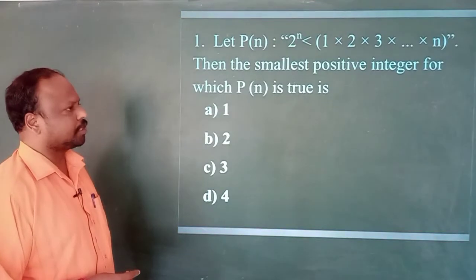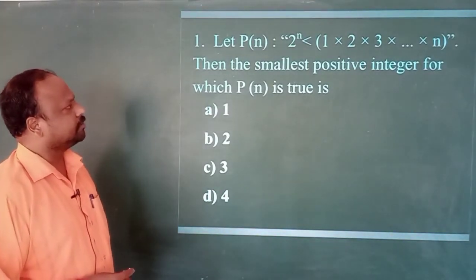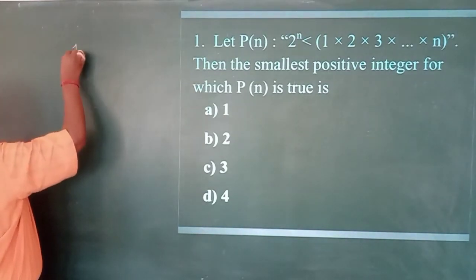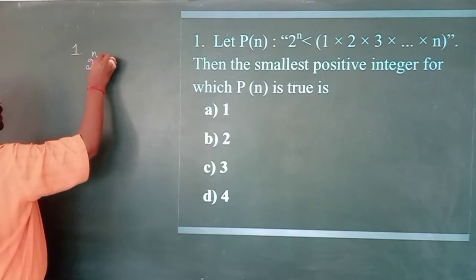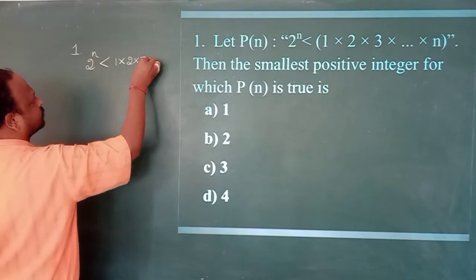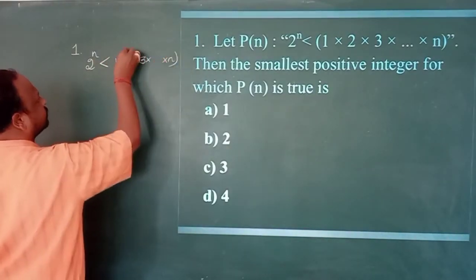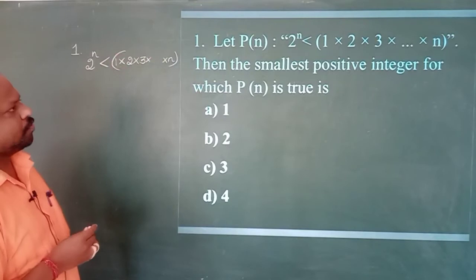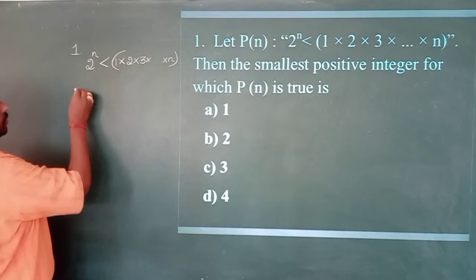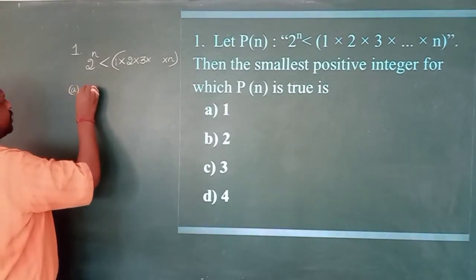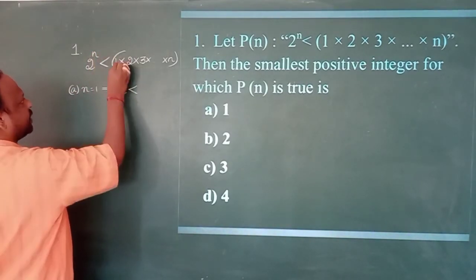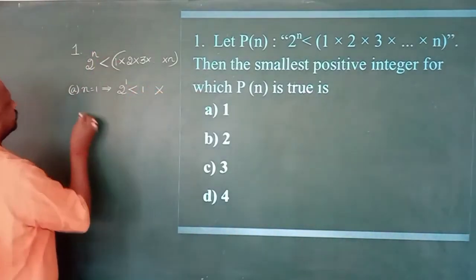Observe question number 1. P of n: 2 power n less than 1 into 2 into 3 etc. into n. So we have to select the smallest positive integer for which Pn is true. If I take the first option, n is equal to 1, that will be 2 power 1 less than the first term. This is not possible.